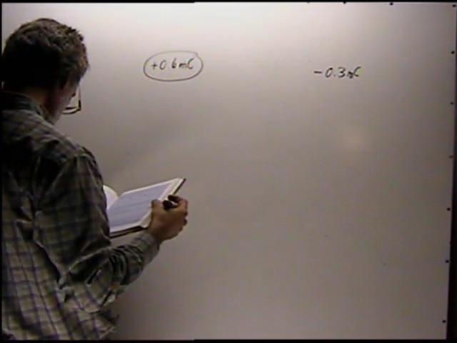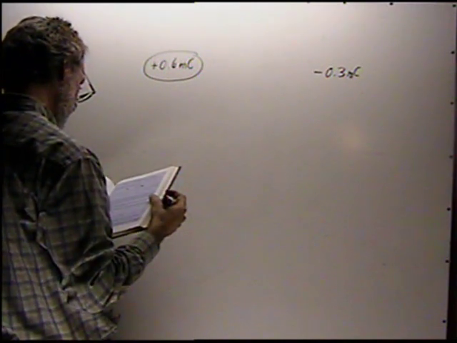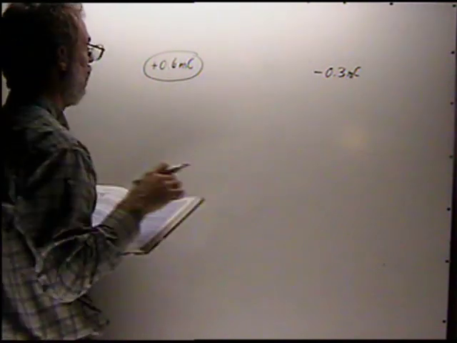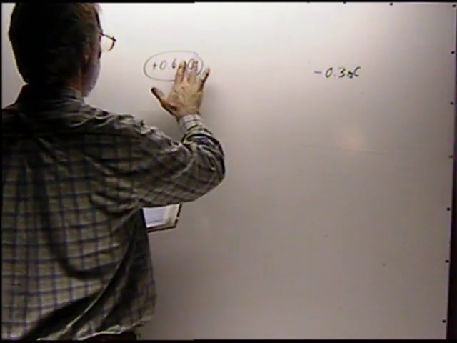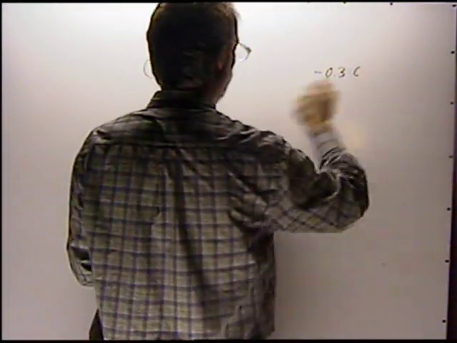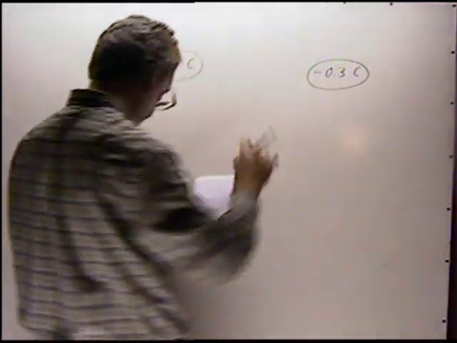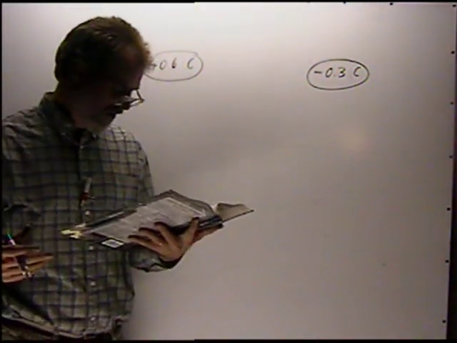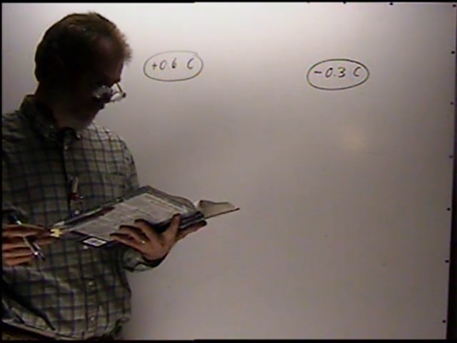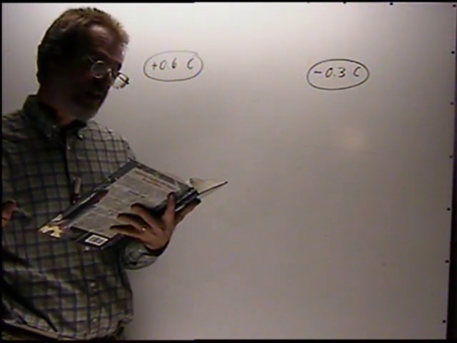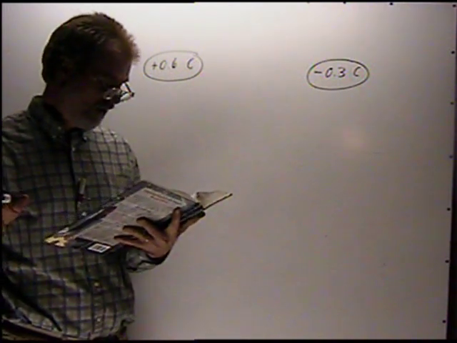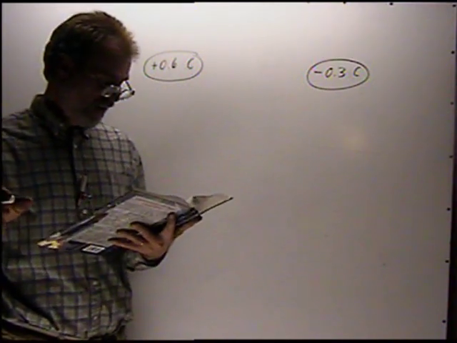You know what? I think they have a typo here. They have milli, but I think they're both just 0.3 and 0.6 coulombs. They say milli, but in their equations there's no milli in here, it's just 0.3 and 0.6. I think they have a typo here.